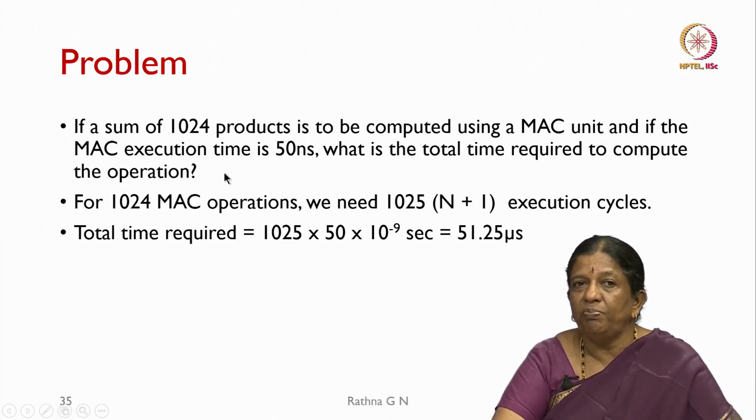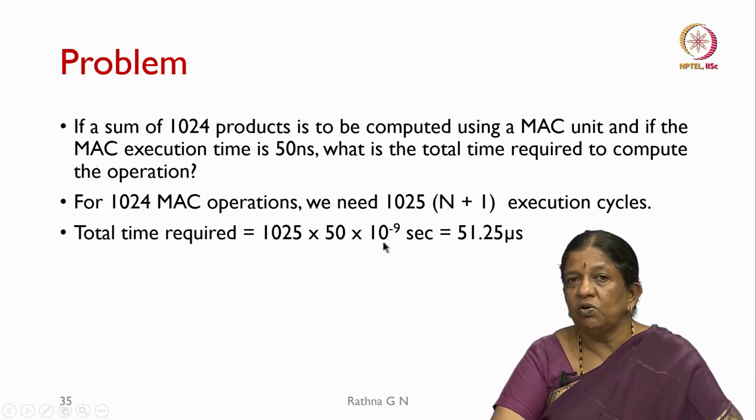So, we said 1024 MACs we needed. So, we need n plus 1, which is nothing but 1025 execution cycles. So, the total time required is 1025 into 15 nanoseconds, which is 15 into 10 power minus 9.